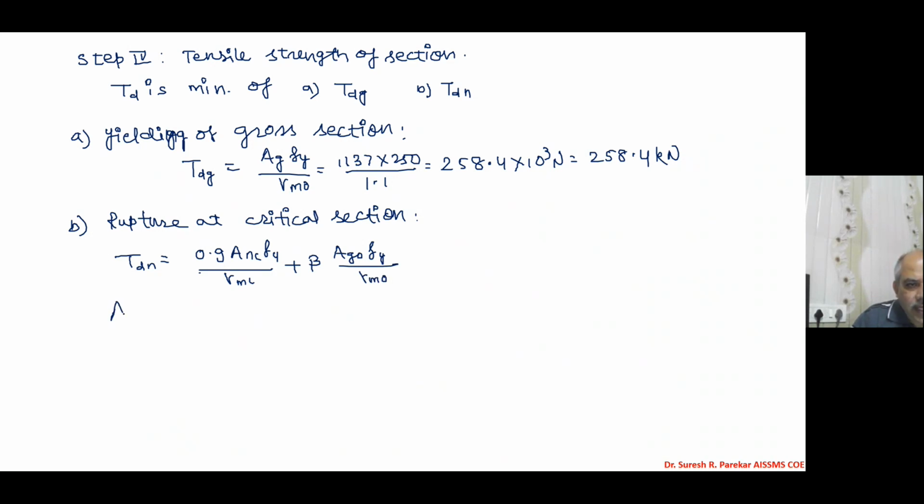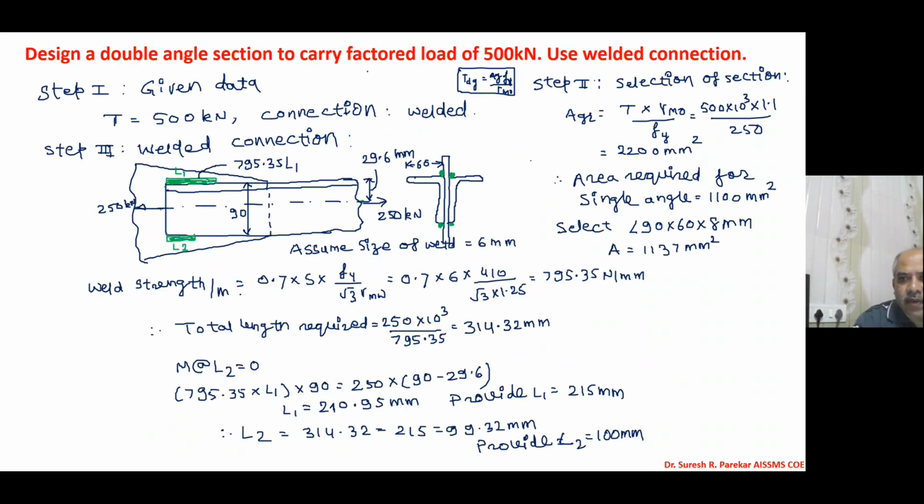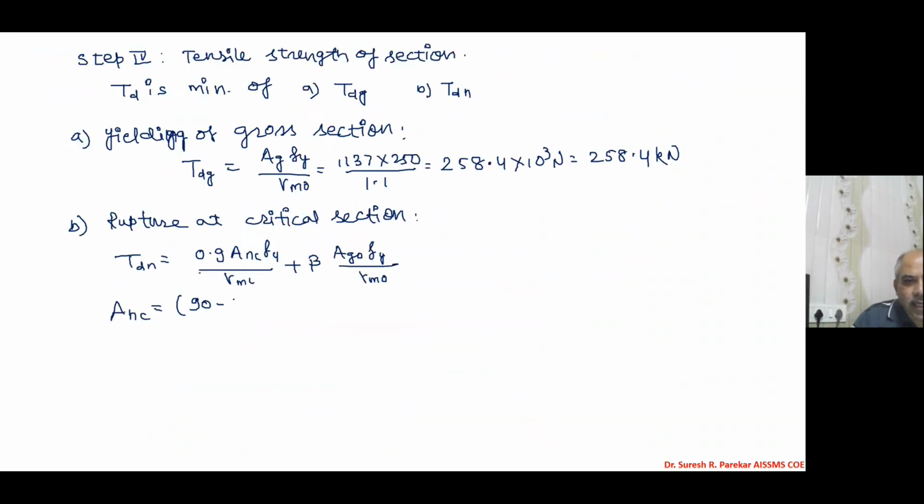Now we have ANC, now we do not have any hole. So we have this as 90 minus thickness we have provided, that is 8. So 90 minus 8 by 2 into 8, and we have this value of ANC, and that is 688 millimeters square.